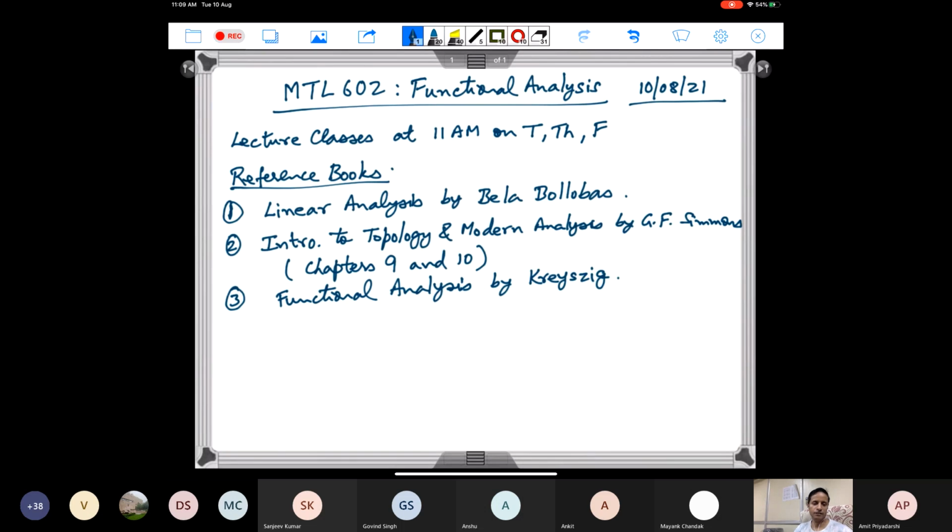About the evaluation policy. This semester also it's online semester, and there is supposed to be only one midterm exam and one major exam.